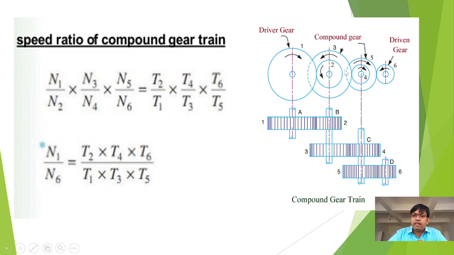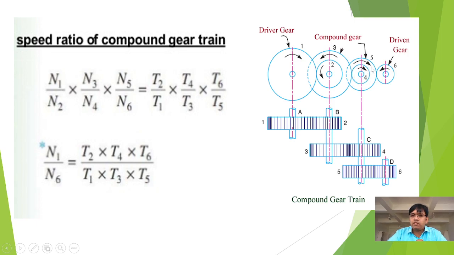After calculating the speed ratio between 3 and 4, because 4 and 5 are compound gears, we won't calculate the gear ratio between 4 and 5. Therefore, the speed of 4 and the speed of gear 5 are the same.